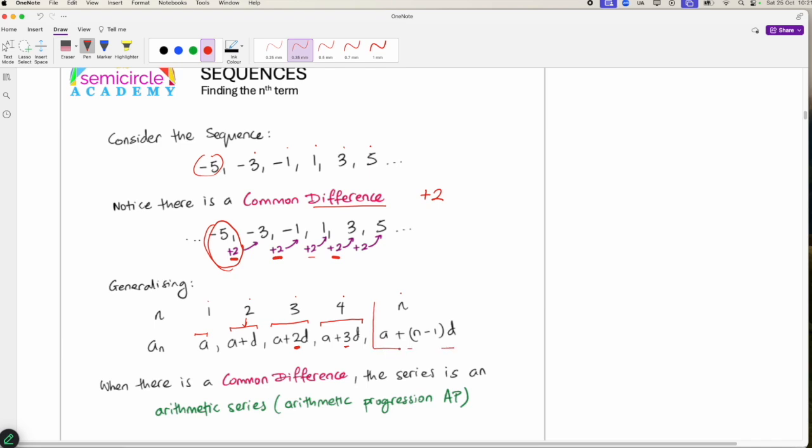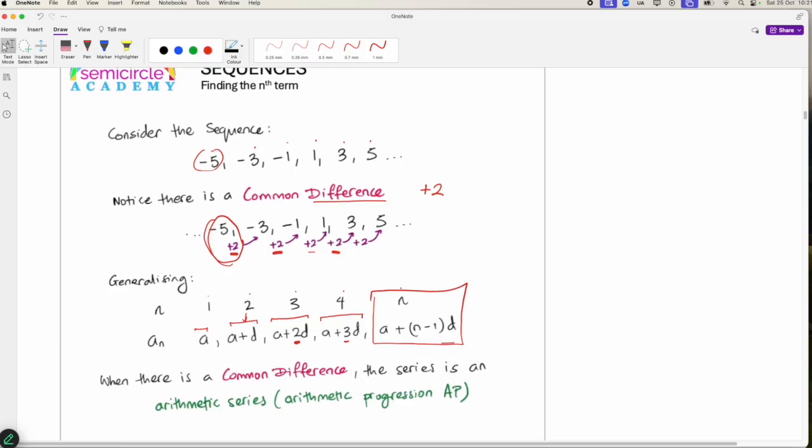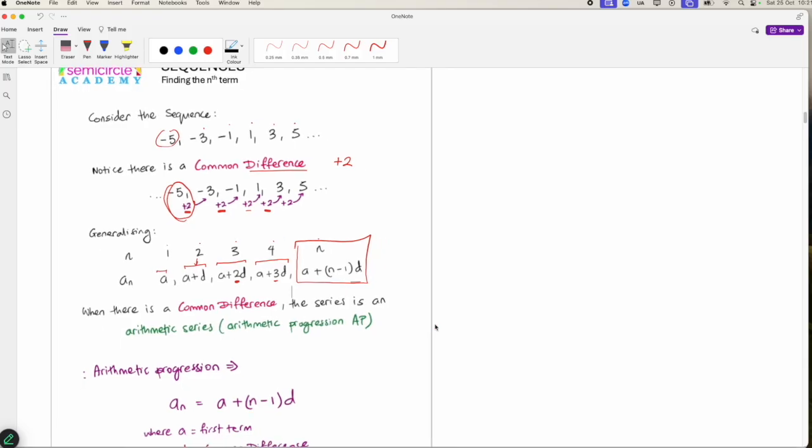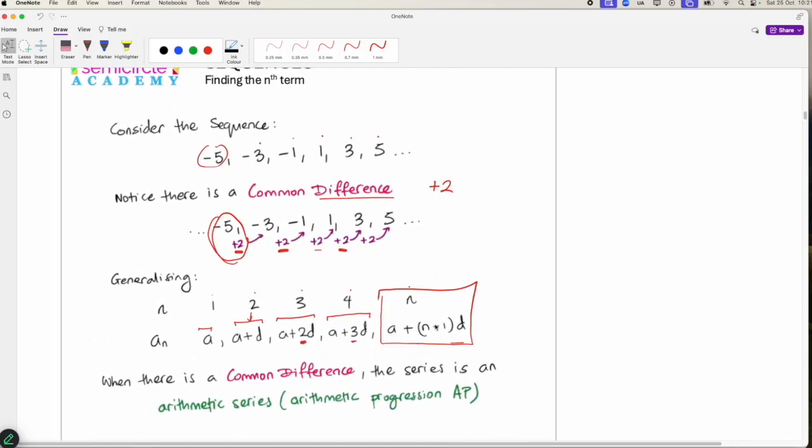Now you could use this in your CSEC maths to solve that question 5, if you want to solve it real fast. This is the general formula for finding the nth term of any sequence when there is a common difference, and a common difference has to do with addition and subtraction. When there is a common difference, the series is an arithmetic series.